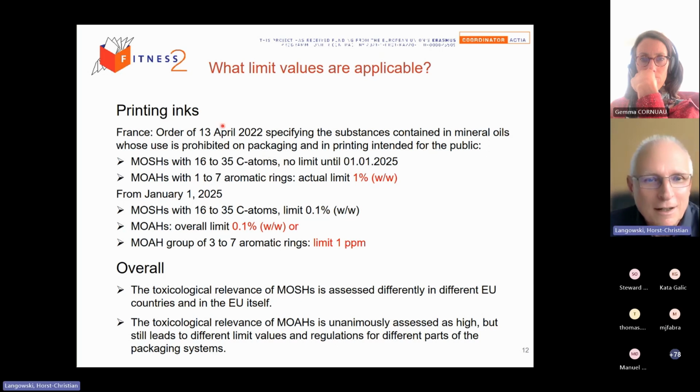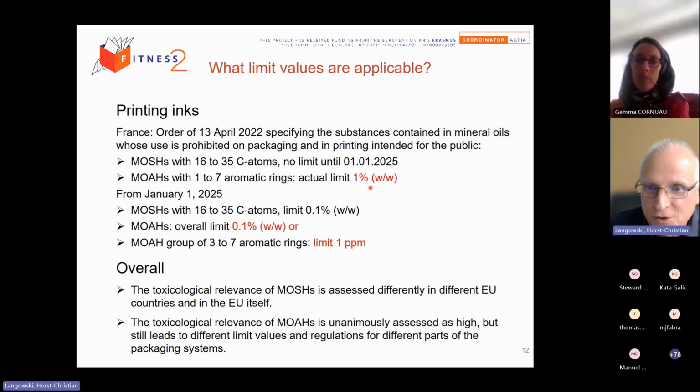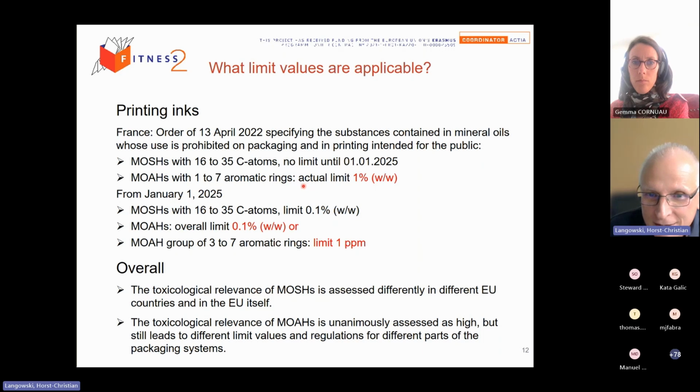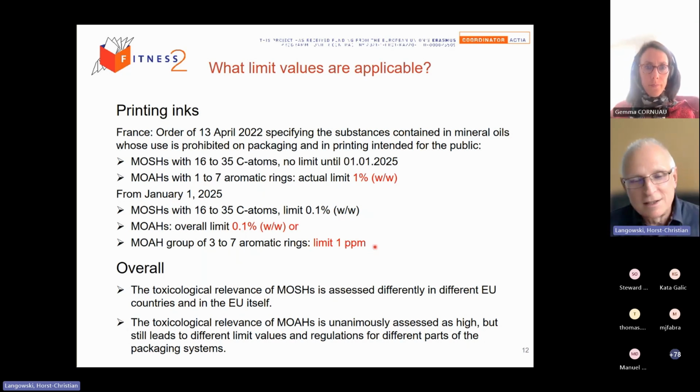The French have another order limiting the amount of MOAHs within printing inks. These are printing inks to be used for food packaging purposes, not the other printing inks, where the paper is used to make recycled paper from, for instance, newspapers. So they limited this and they are going to limit it further down, to a limit where I must say it will be really tricky to measure this.